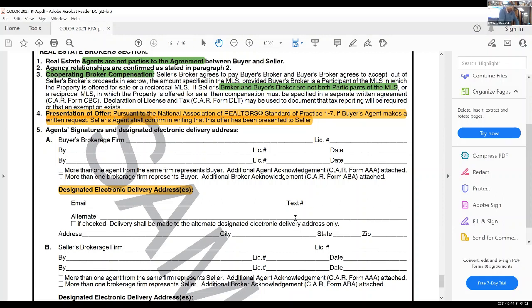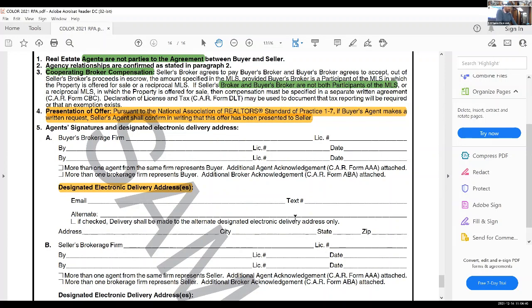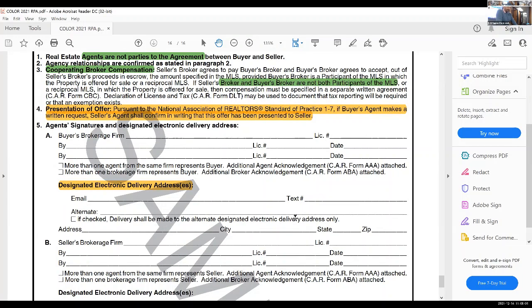If seller's broker and buyer's broker are not both participants of the MLS or a reciprocal MLS in which the property is offered for sale, then compensation must be specified in a separate written agreement, the CBC. Declaration of license and tax may be used to document that tax reporting will be required or that an exemption exists. If the compensation offered on the MLS is inadequate, we just need to have a new form broker compensation agreement, and that will cover that.